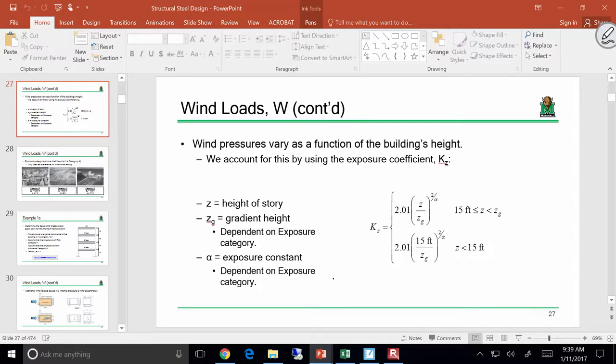I mean, wind pressures are a function of the building's height, and if the height of the building is less than 15 feet, that's a pretty short building, so we just use a constant pressure and just go with it. But anytime the building's taller than that, we would compute it using the following expression. So 2.01 times z over zg raised to the 2 over alpha. So make you all do a little bit of computations this morning.